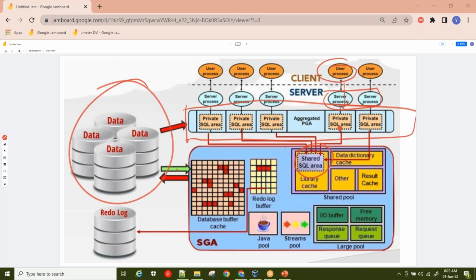There are multiple names, but the most common one is private global area. After the PGA, it will enter the shared global area. The total area we have, the SGA, is called the shared global area.